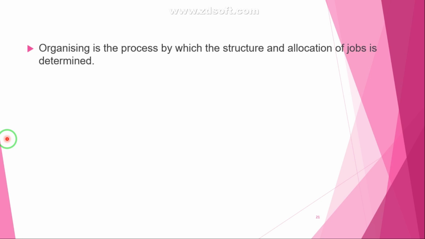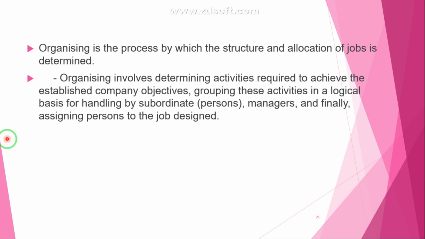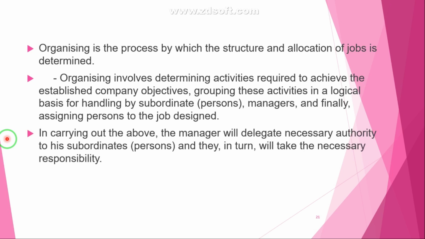Well, organizing is the process by which the structure and the allocation of jobs is determined. It involves determining activities which are required to achieve the established company objective, grouping these activities on a logical basis for handling by subordinates, and managers finally assigning persons to the job design.